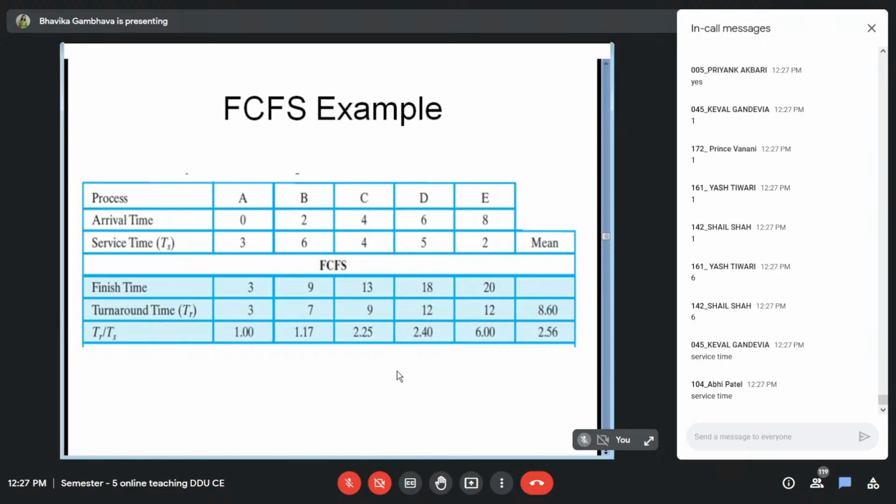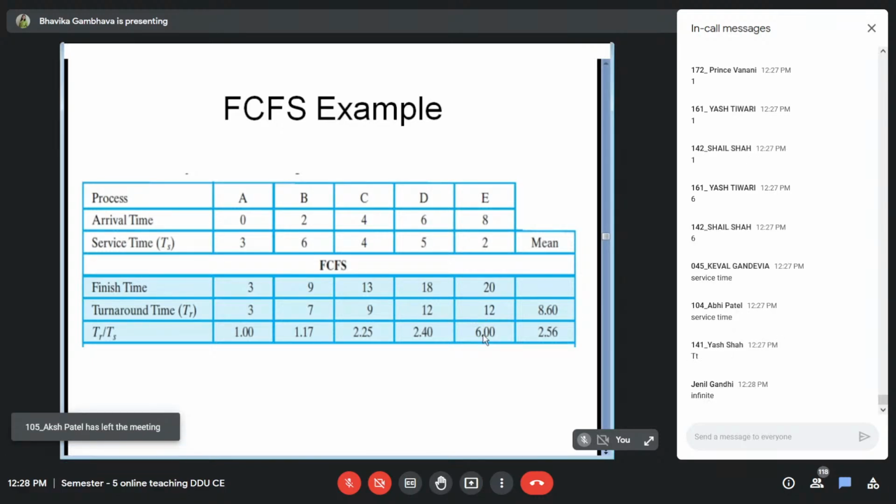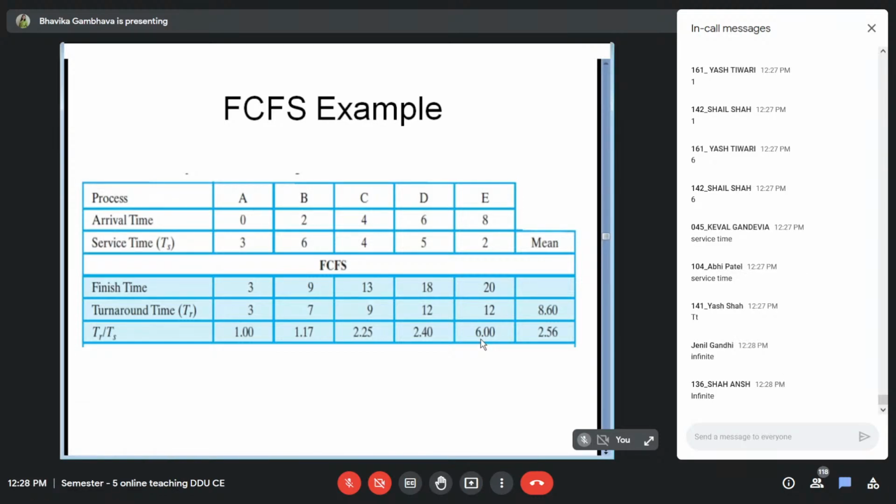See, here service time is 2 only. And here it is 6. Infinite. Worst could be close to infinite. Larger, the worse. Okay, larger, the worse. And what is the best value possible?